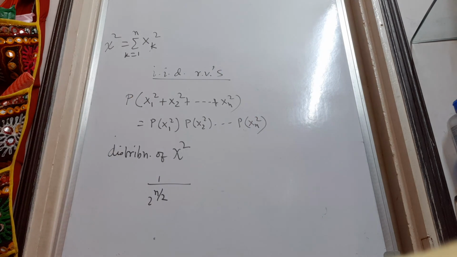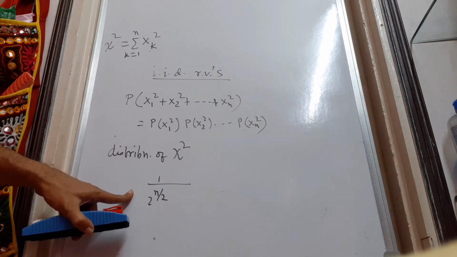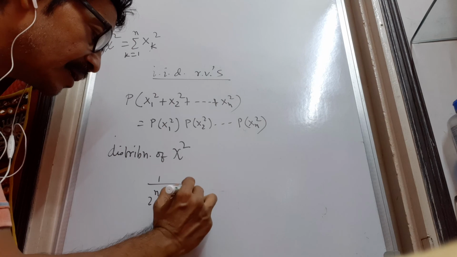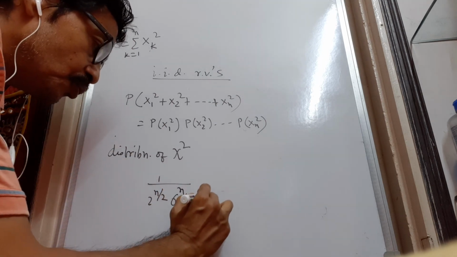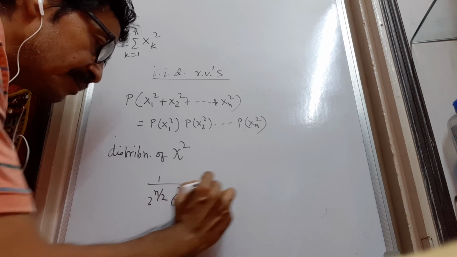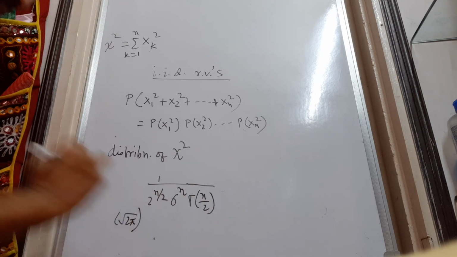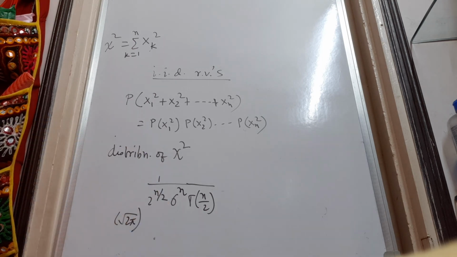Okay, we have root 2 and this root 2 is multiplied. We have sigma to the power n and we have gamma n by 2. Remember, we have root 2 pi here, and when sigma root 2 pi is multiplied n times, we have nothing but this.